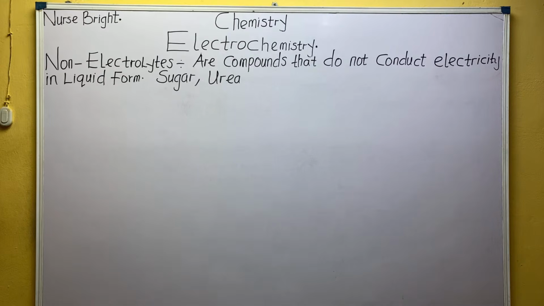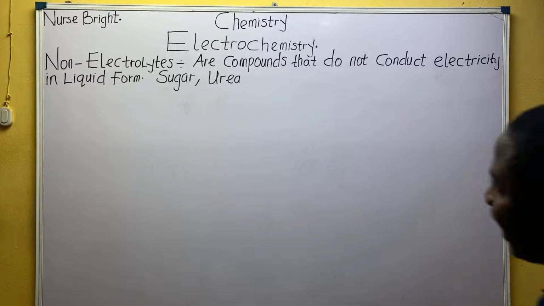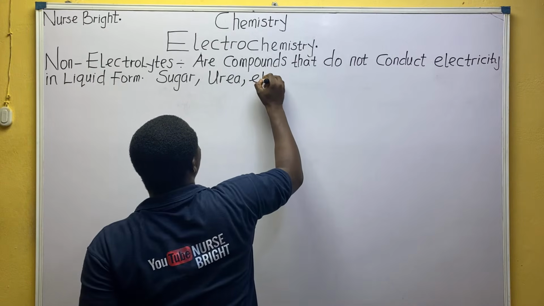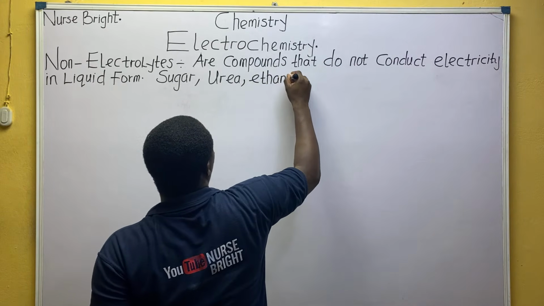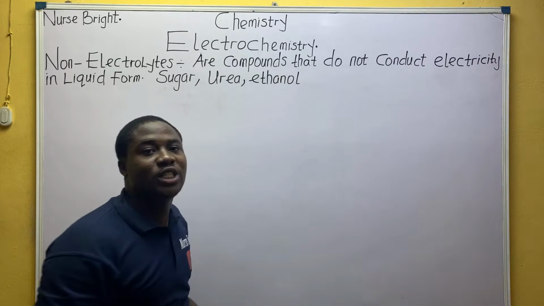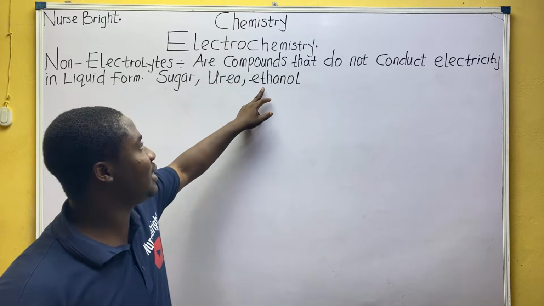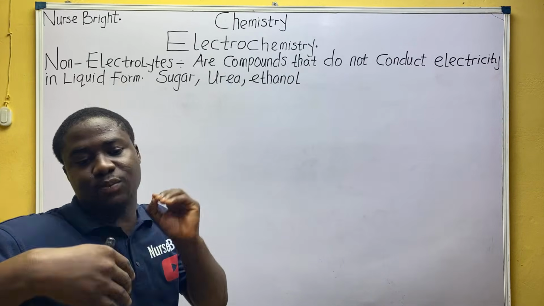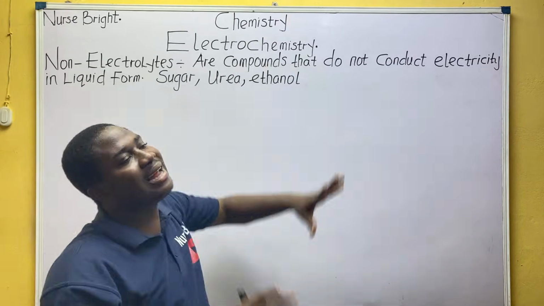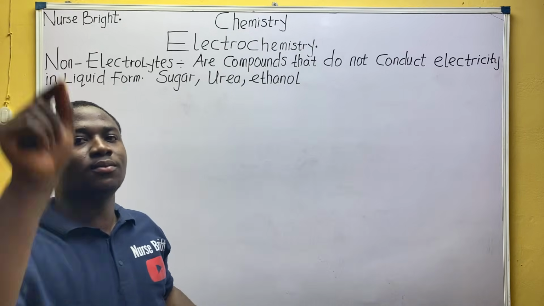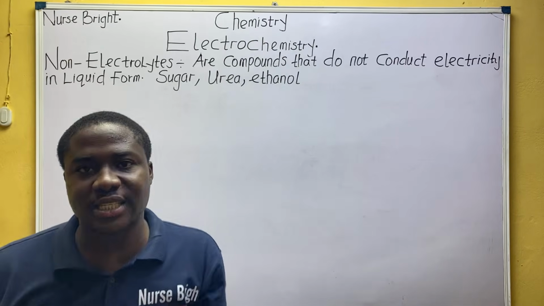Urea. There's another, ethanol, which is an alcohol. Ethanol is a component of alcohol. I'll teach you in the respiratory system for those in biology. Ethanol is what is produced during alcoholic fermentation in anaerobic respiration.